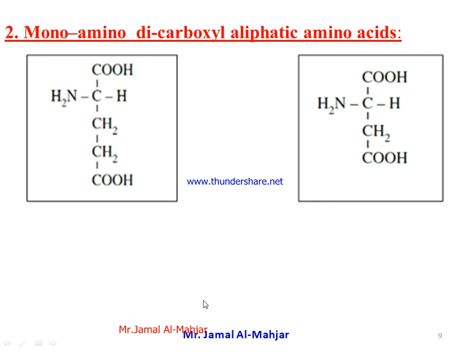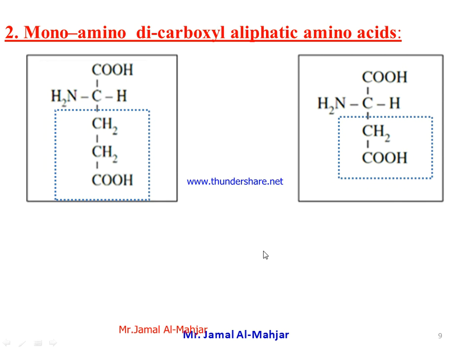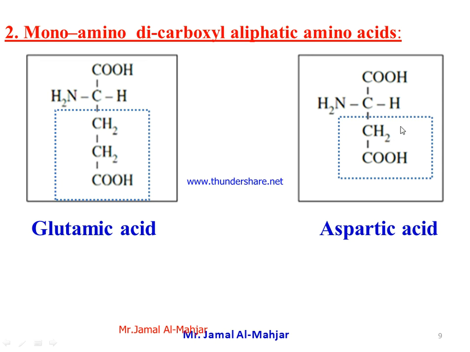What are the differences between them? Instead of the R, here we have CH2, COOH, but here we have CH2, CH2, then COOH. This one, what do you call it? Aspartic acid. So if the R is CH2 COOH, it is aspartic acid. And if it's CH2 CH2 COOH, it is glutamic acid.